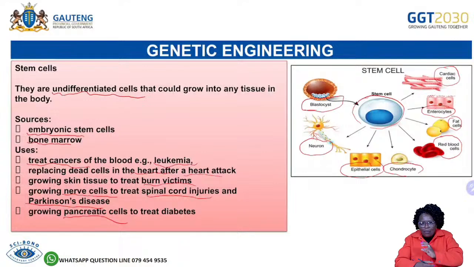And then some will grow and form the limbs, and some will grow and form the digestive system, although the fetus is still dependent on the mother during the gestation period. So you can see where stem cells are coming into the picture.